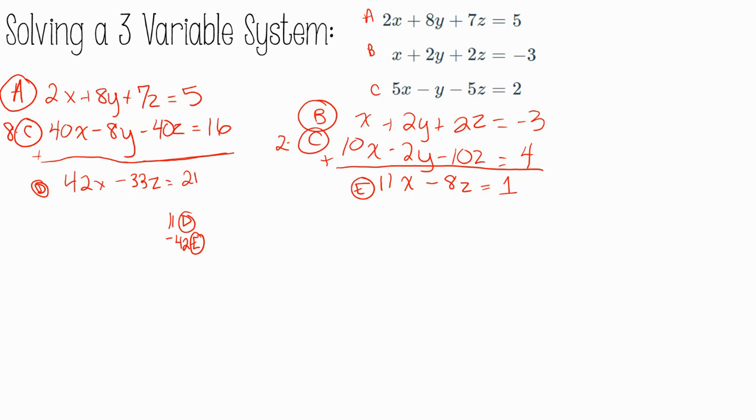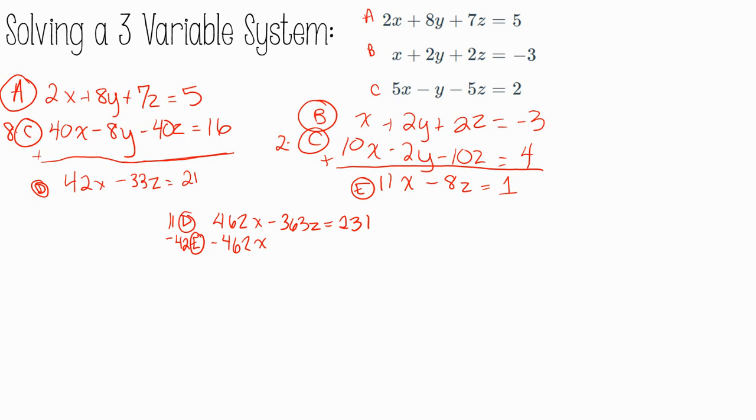If I multiply 11 to D, 42 times 11 gives us 462x. 33 times 11 gives us negative 363z. 21 times 11. You could have also substituted. There's nothing wrong with it. But normally we keep up with our elimination. 11 times negative 42 is negative 462, which is what we wanted.